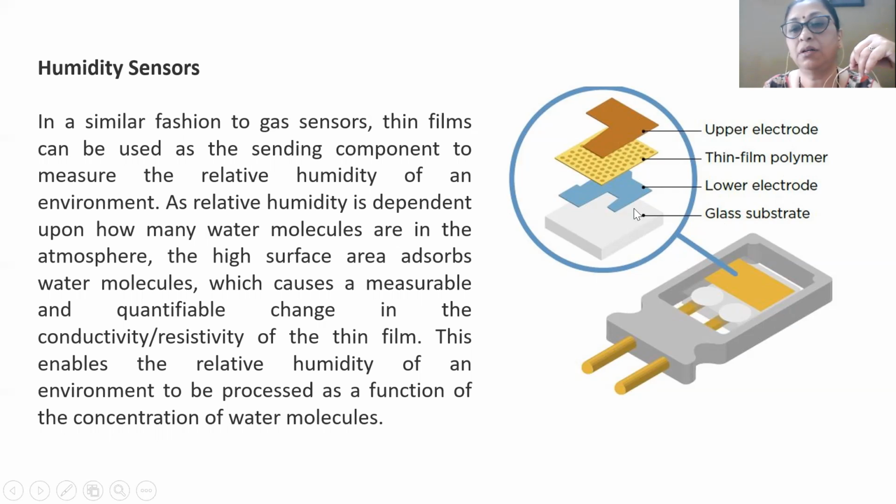The substrate is taken, and over the substrate an electrode is deposited, and then a thin film polymer is deposited, and over that an upper electrode is deposited, and two terminals are taken out from the upper electrode and lower electrode, which are forming contact. Again, as you are fabricating the sensing material by thin film technology, it is going to increase the surface area and thereby increase the sensitivity of the sensor.